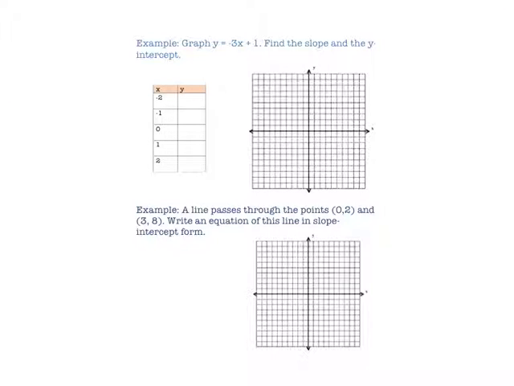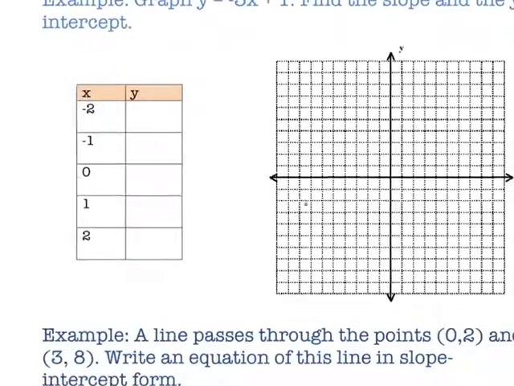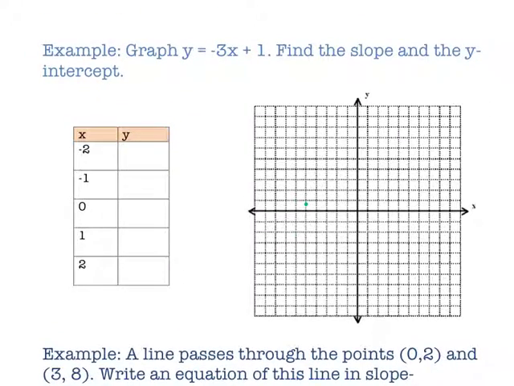So on this page, I want to give you a very brief overview of how you can use slope and y-intercept to actually graph a line without finding all of these values in the table. And so if I zoom in here, I have this equation y equals -3 times x plus 1.